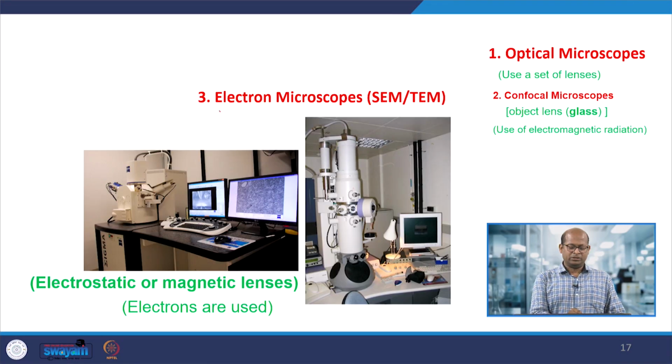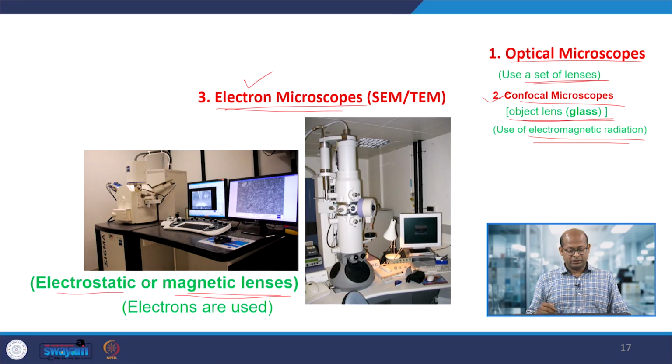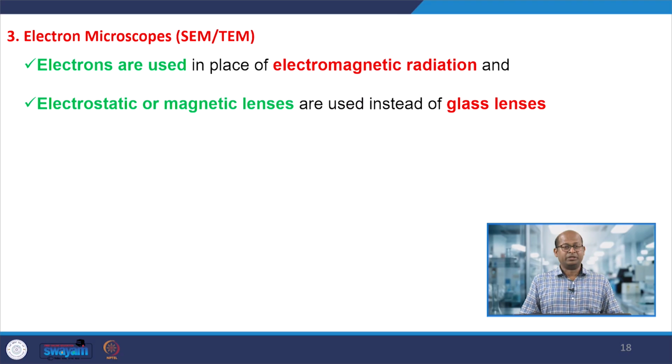Next is the electron microscope. In the case of optical microscopes, we use only a set of lenses to get better resolution of the object. In the case of confocal microscopes, with the glass lens, we can use electromagnetic radiation to get a better image or resolution. After that, the electron microscope is much better. Here we have to use magnetic lenses or electrostatic lenses, with electrons used instead of electromagnetic radiation or normal light, to get a better resolution.